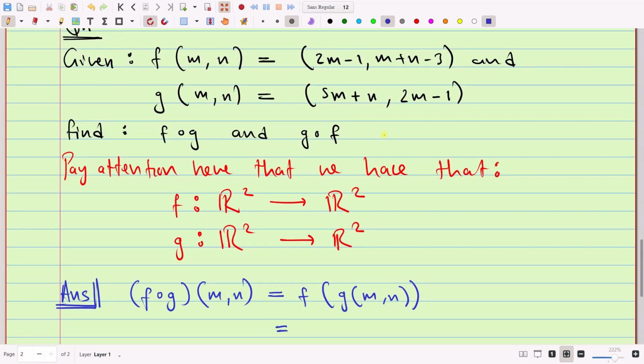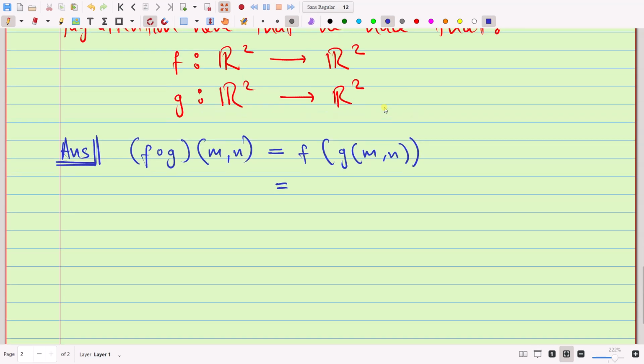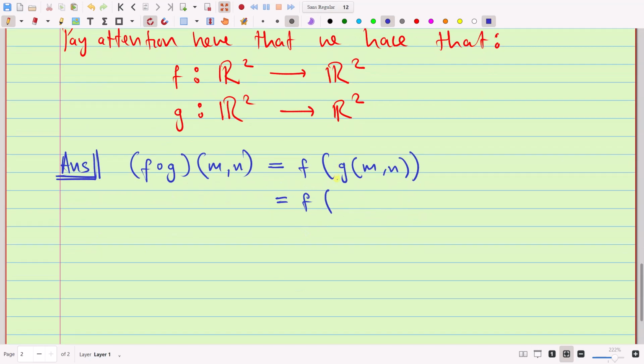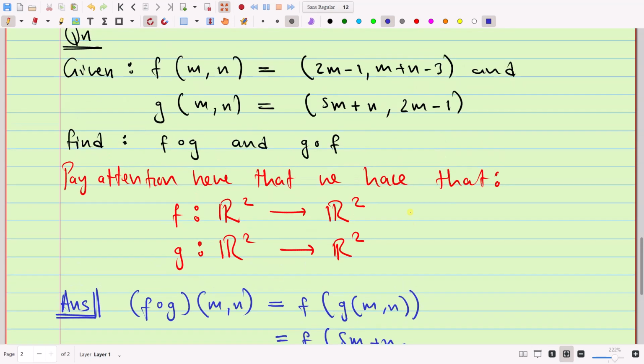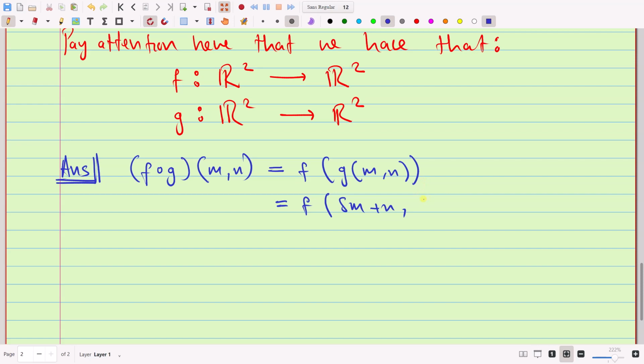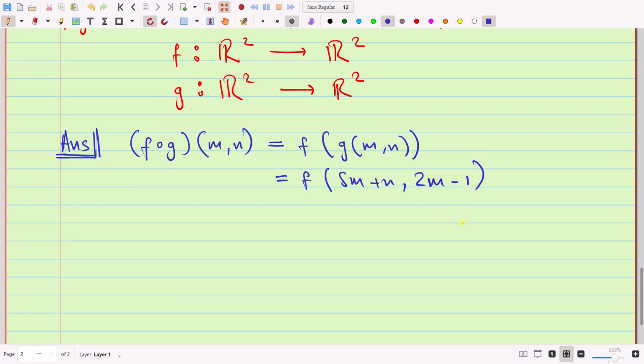But what is the output of g of m, n? By definition, g is a function such that when you give it m, n, it returns 5m plus n and 2m minus 1. So you get f of 5m plus n, 2m minus 1.